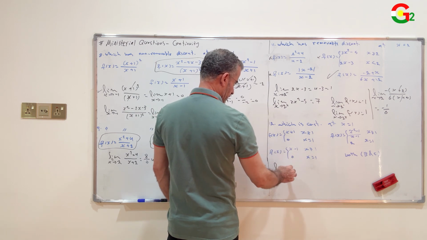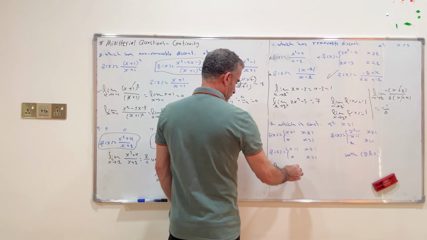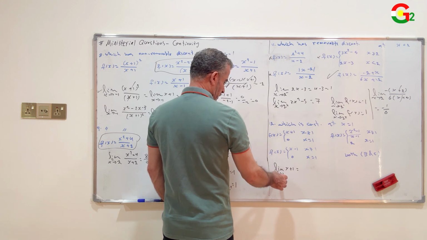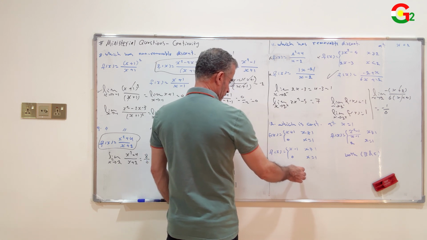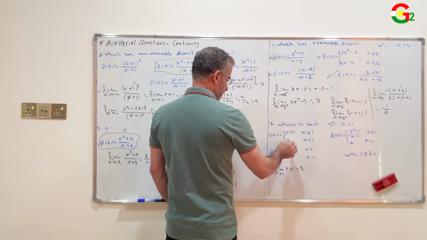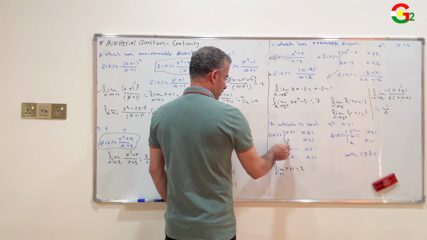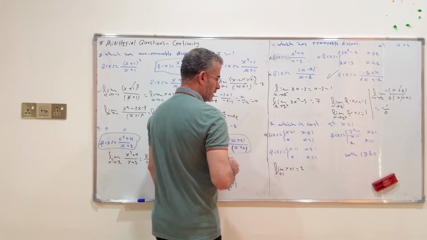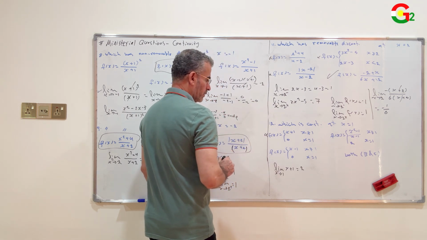For the first function, the value of the limit when x approaches 1 of x + 1 is 2, but the value of the function is 0, therefore this function is not continuous.